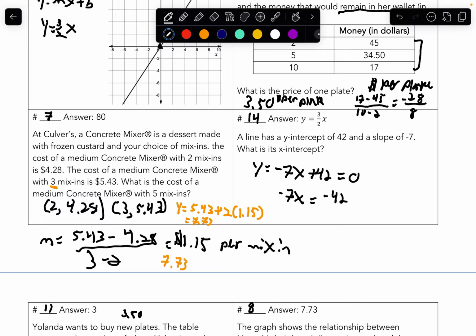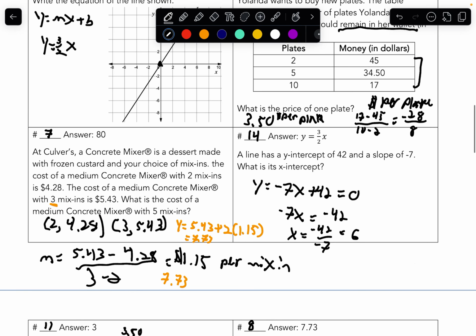Divide by -7, x equals -42 divided by -7, which I believe is, what is that, 6? All right, so I believe it is 6 here, okay?